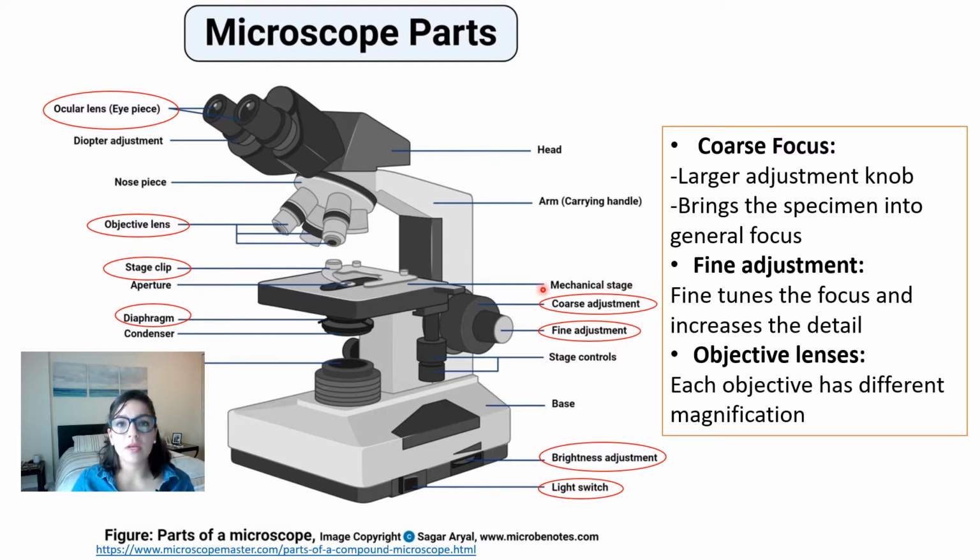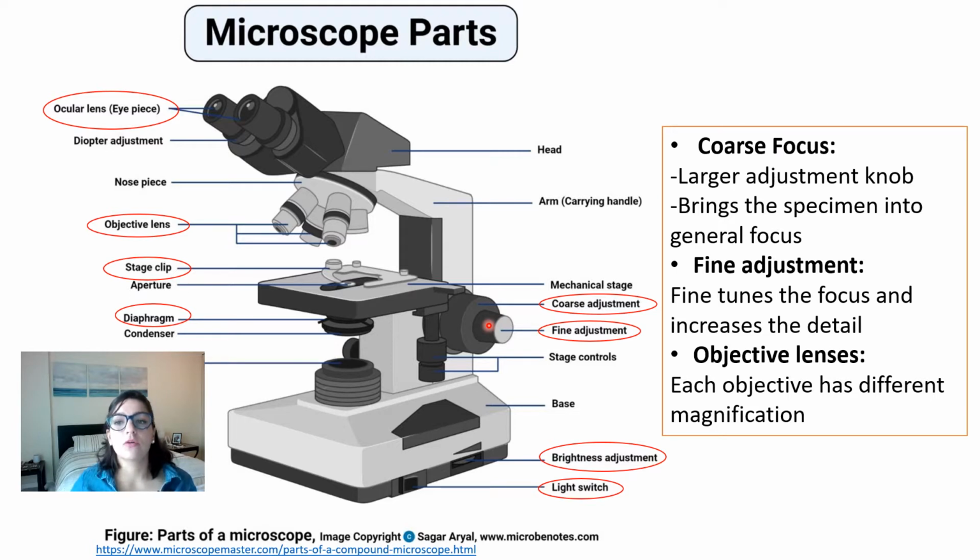To focus an image, we have the coarse adjustment and the fine adjustment. Whenever we place a slide in the microscope, the first thing we do is to bring it up or down with the coarse adjustment. This is the larger adjustment knob, which is right here, and it brings the specimen into general focus. Once we have it right there, we can fine tune the focus and increase the detail we're observing using the fine adjustment.